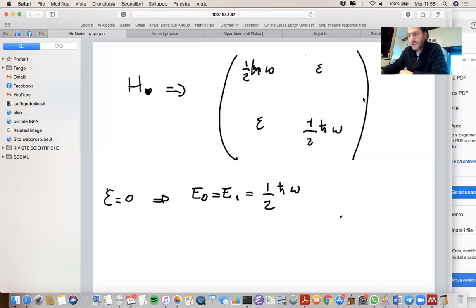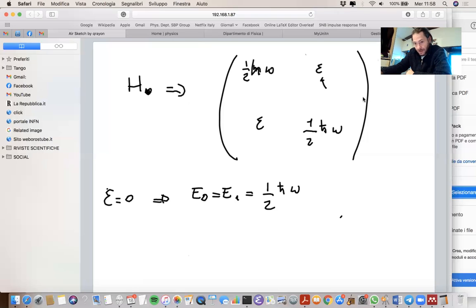Now let's look at the case in which you have a little bit of overlap. There are methods to solve problems like this, called perturbation theory. In principle, you can do that, but I'll take a different perspective. I look at the exact eigenvalues.